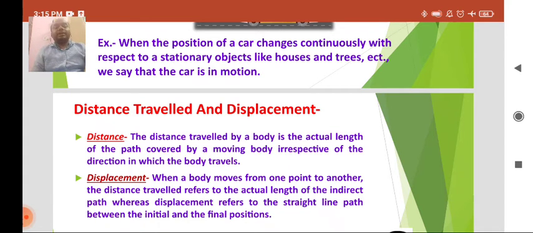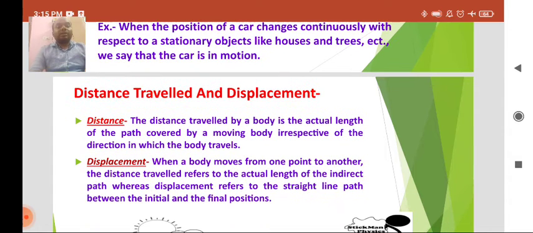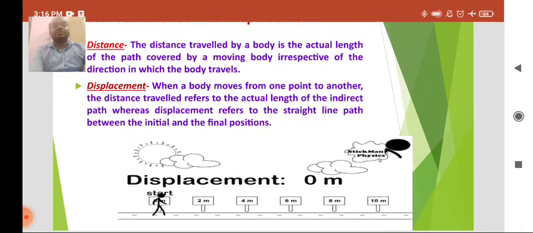Now we can define displacement. When a body moves from one point to another, the distance traveled refers to the actual length of the indirect path, whereas displacement refers to the straight line path between the initial and final positions.